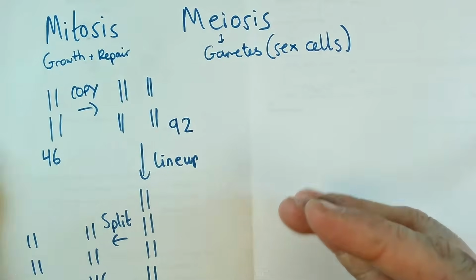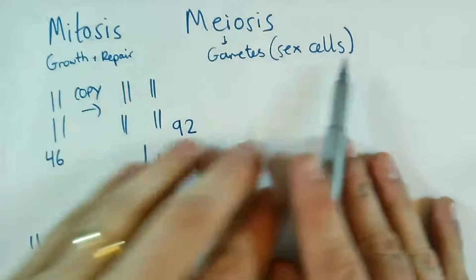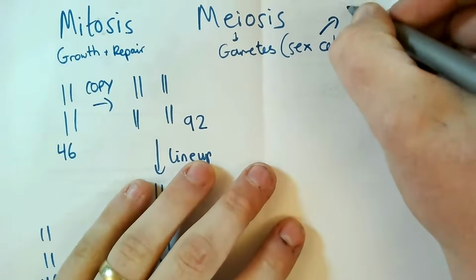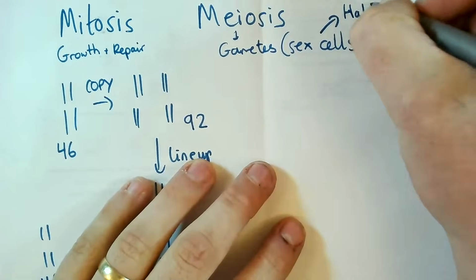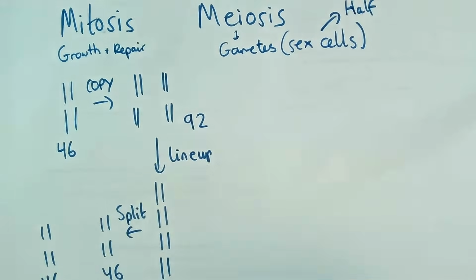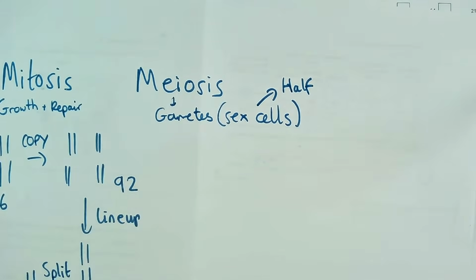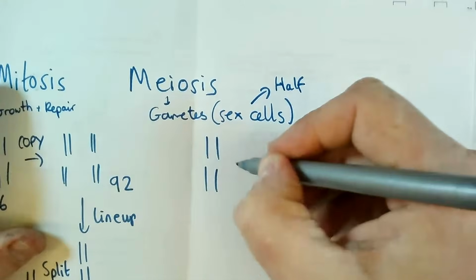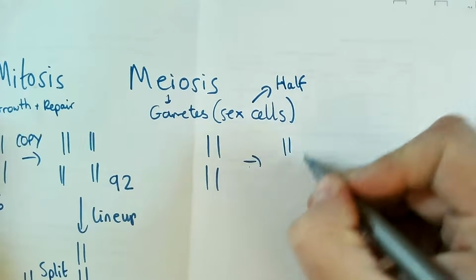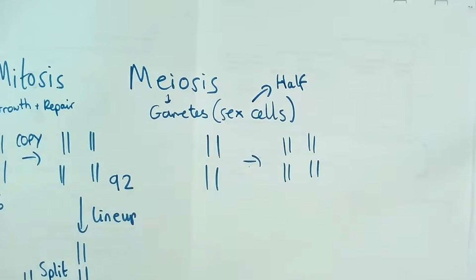Now, meiosis, because this is for sex cells, famously they have half the DNA. Because if they have the whole amount, it's not going to work. You want half from mum, half from dad. So we start off with our cell, and weirdly, they copy as well. It does get more complicated.